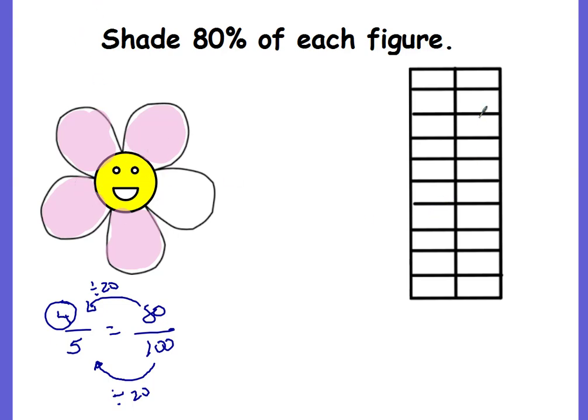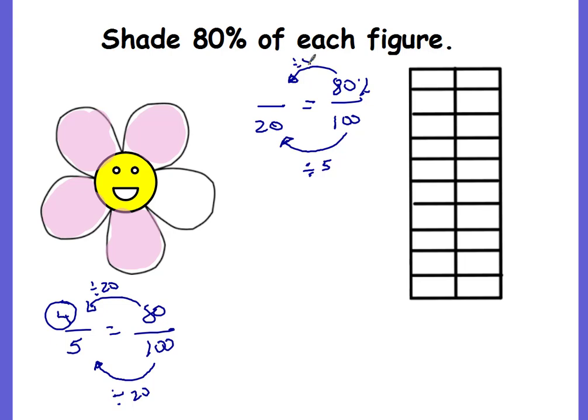Our next example has boxes. So again, we want 80% shaded, 80% out of 100. But there's not 100 boxes. So how many boxes are there? 2, 4, 6, 8, 10, 12, 14, 16, 18. There are 20 boxes. So we're going from 100 to 20. To do that, we divide by 5. Do the same thing up here in the numerator.